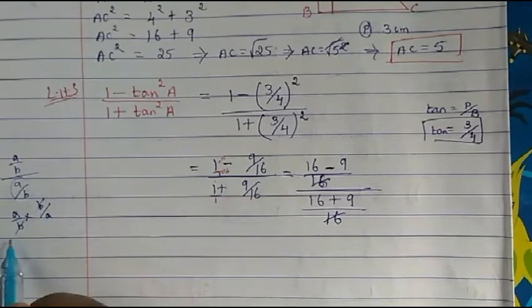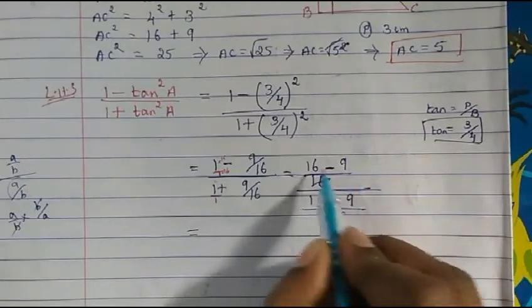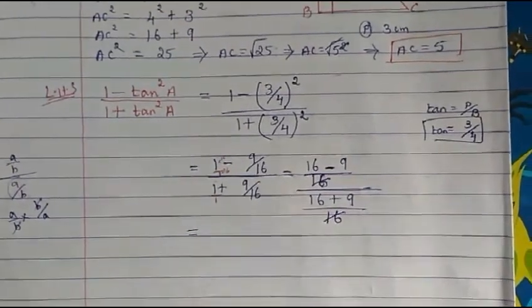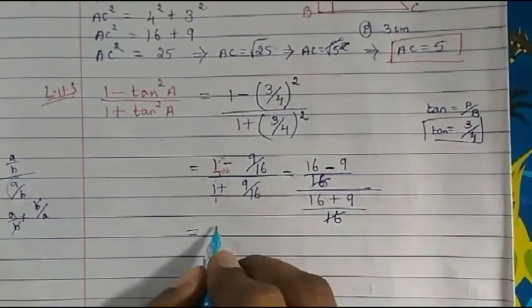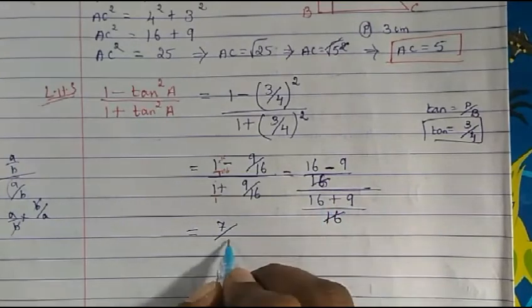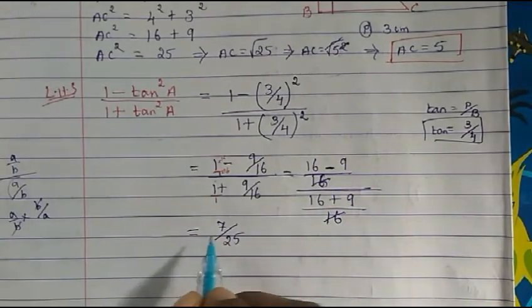Then what we get is 16 minus 9, which is 7, and 16 plus 9, which is 25. So this is our LHS side.